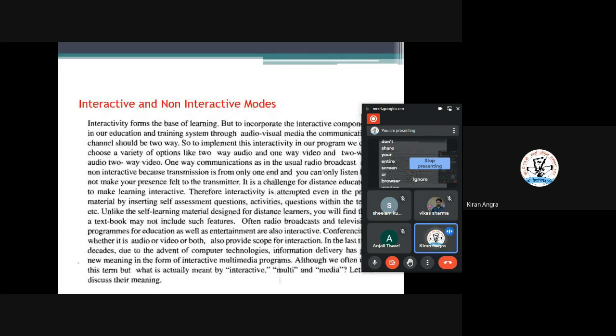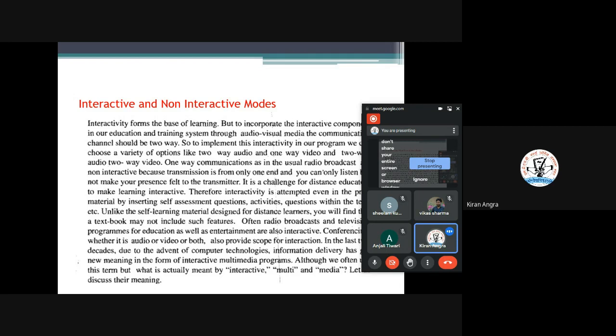Then there is interactive and non-interactive mode application। आप समझ सकते हैं interactivity, you can understand these words, interactive and non-interactive. Where there is one-way communication, it is non-interactive.